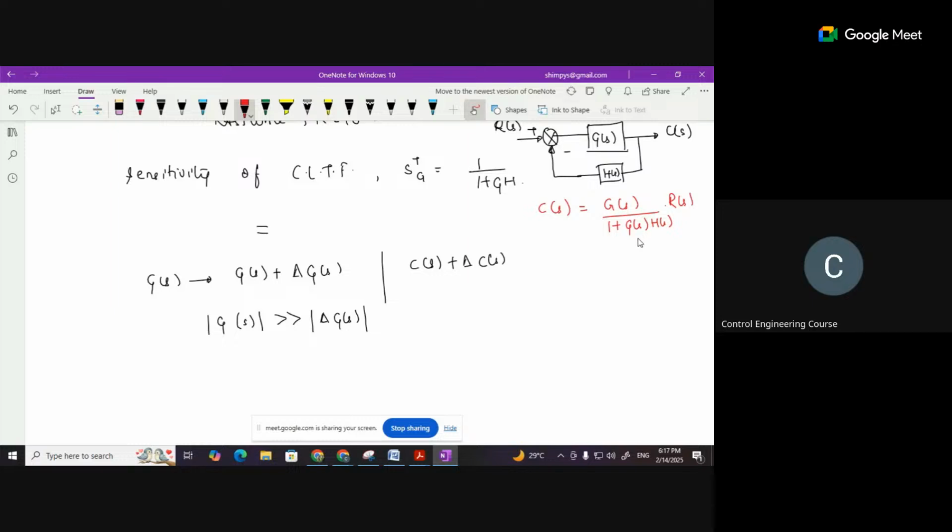Now, due to this del GS, let us see how this is going to change.